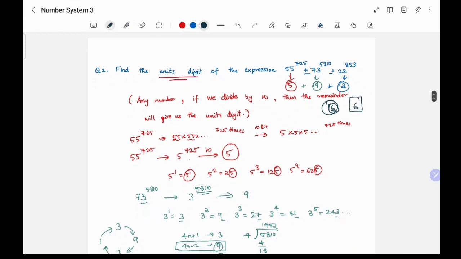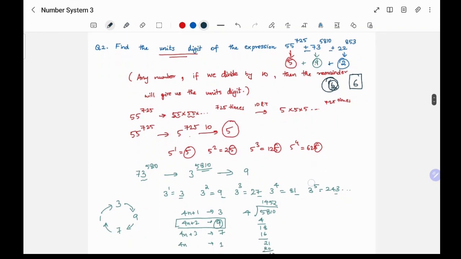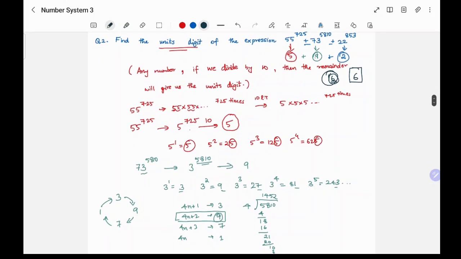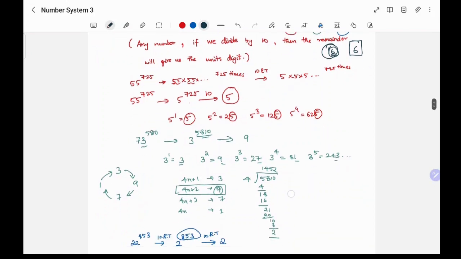Excellent. So this is the power of the remainders theorem. Maybe the first time when you see this, it might be a little overwhelming for you. So I request you to go back and try it in your own time. You can also take numerous other examples and try them out to get a good grasp of this theorem.